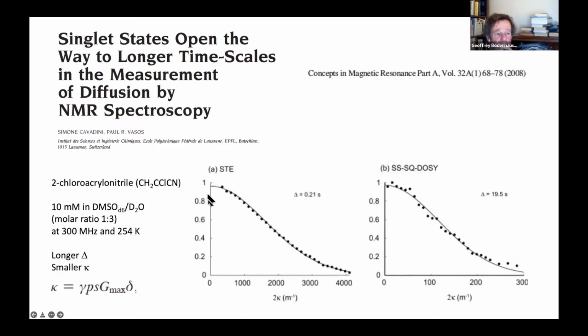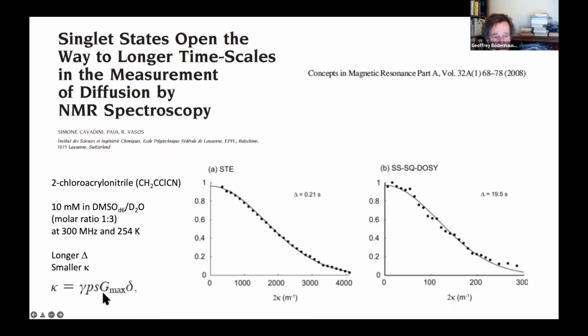So you can compare the two, and this is again from the review. This is another review from Cavadini and Vasos in Concepts. And they studied the diffusion of this simple molecule, which has two inequivalent protons, dissolved in DMSO so that it gets nice and sticky if you lower the temperature, very viscous. And you can see that what they did here is that you can have a much smaller kappa.